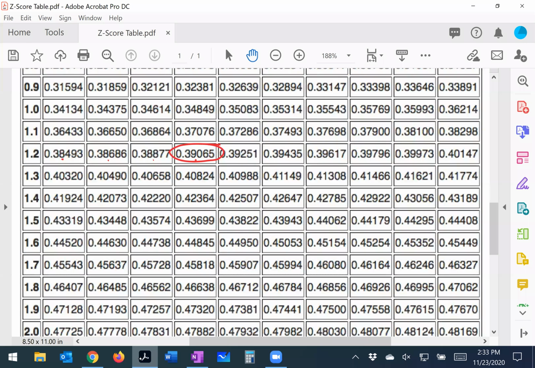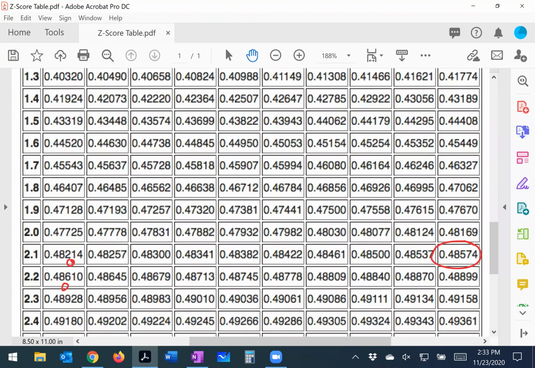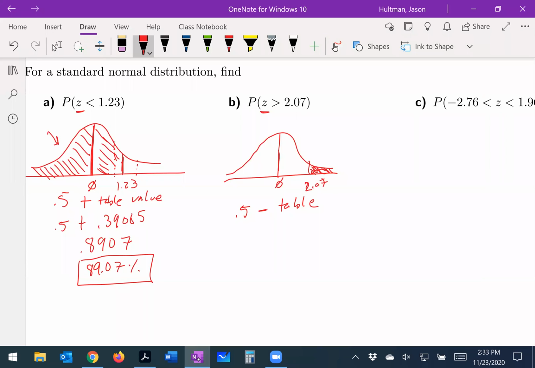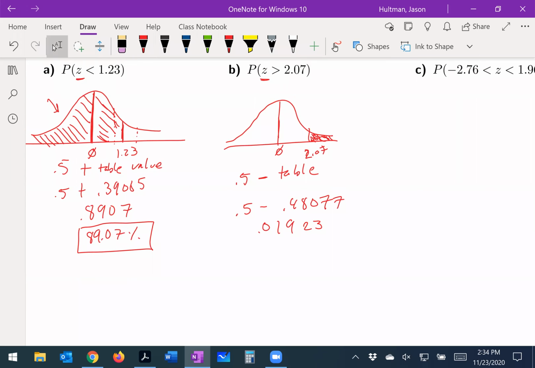The table starts with 0, then 0, 1, 2, 3, 4, 5, 6, and 7. The table value is right there, 0.48077. So 0.5 minus 0.48077 gives me 0.0193 (move the decimal over), about 1.9% on that one.